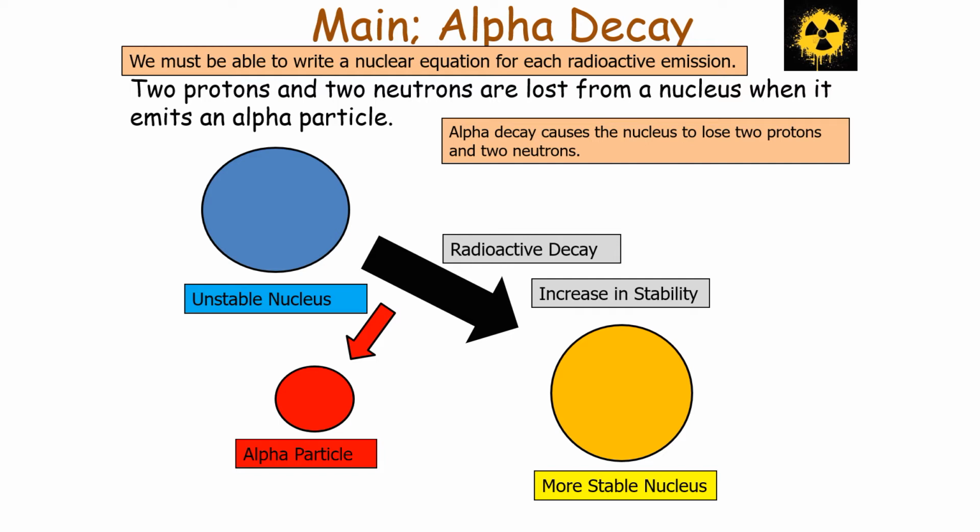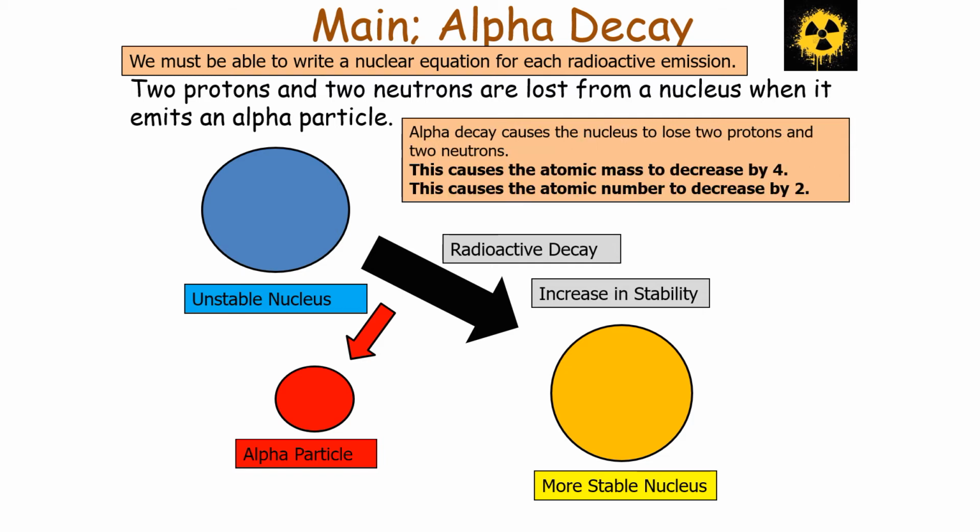So let's consider alpha decay. In alpha decay, 2 protons and 2 neutrons are lost from a nucleus when it emits an alpha particle. So alpha decay causes a nucleus to lose 2 protons and 2 neutrons, and that will increase its stability. It causes the atomic mass number to decrease by 4 because the atomic mass is the protons and the neutrons, but it causes the atomic number to decrease by 2 as that's just the number of protons.